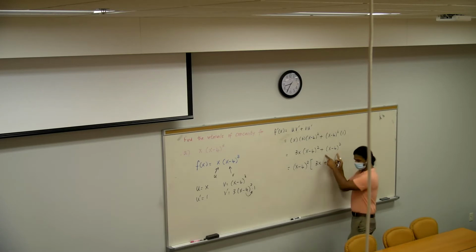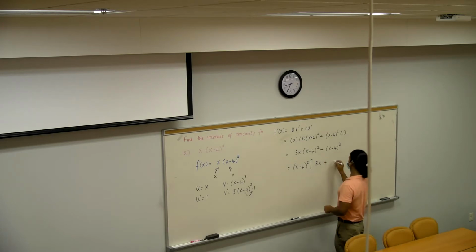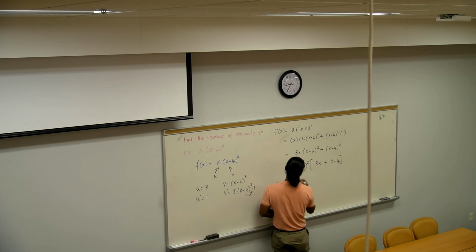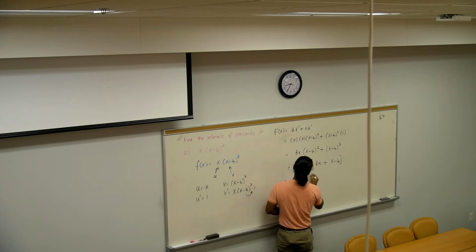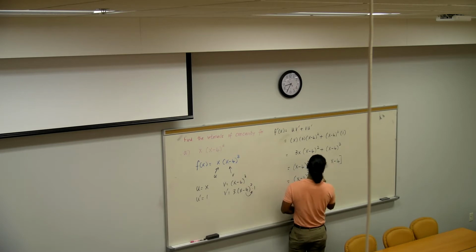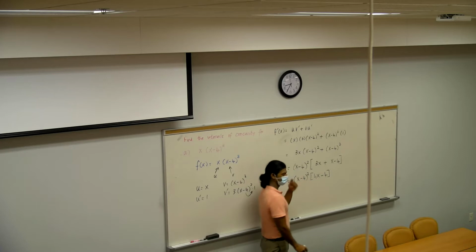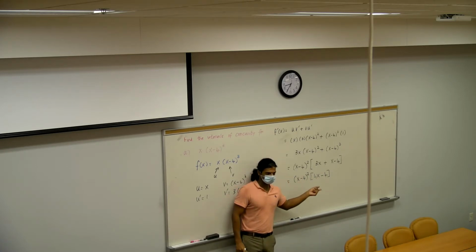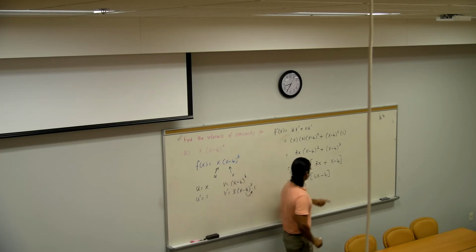What do I leave behind here? X minus 4. Three x plus x is 4x, and minus 4. What do we have in common among those two terms? 4.